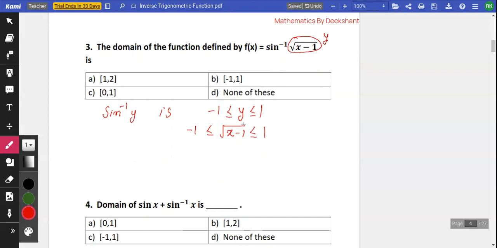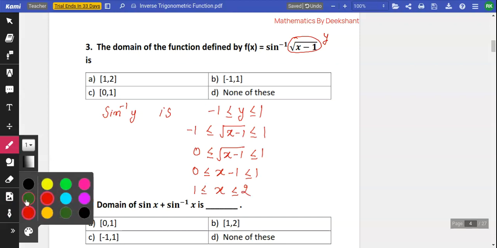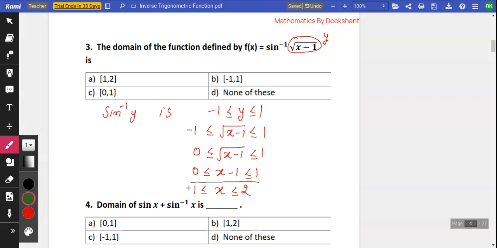Square root of x minus 1 cannot be negative, so we can write it as 0 less than or equal to square root of x minus 1 less than or equal to 1. In next step, squaring both sides, it becomes x minus 1 less than or equal to 1. Add 1 both sides, it becomes x is less than or equal to 2. So the correct answer is A, 1 to 2.